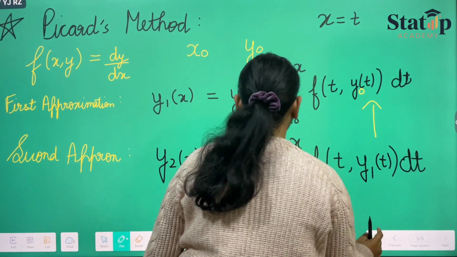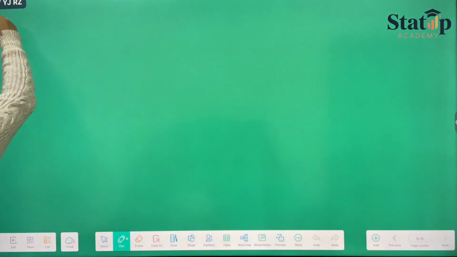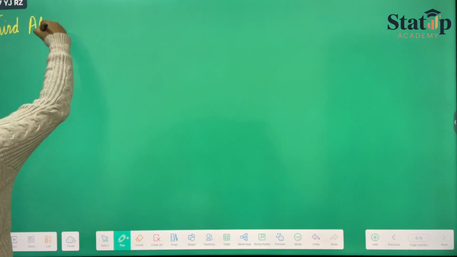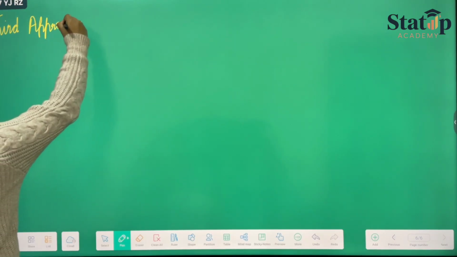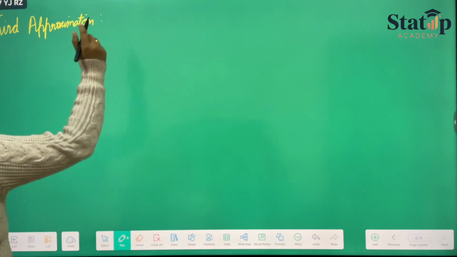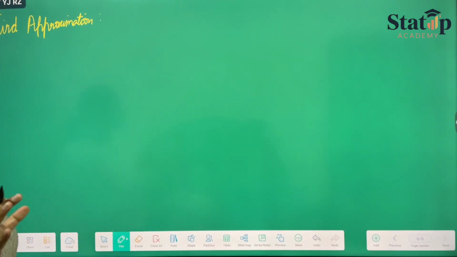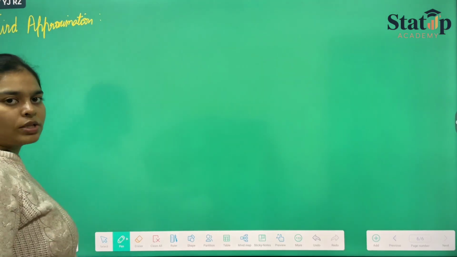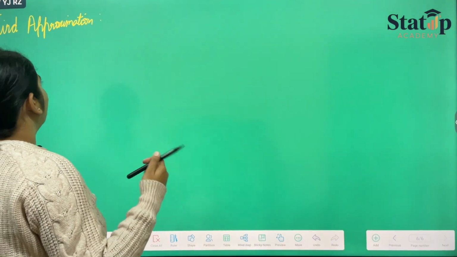If I talk about the third approximation, this is a very simple method, and you can do it in a very small amount of time in the examination. You just need to know the concept and how to attempt the question, which we'll do.